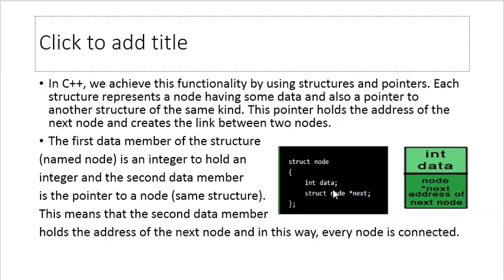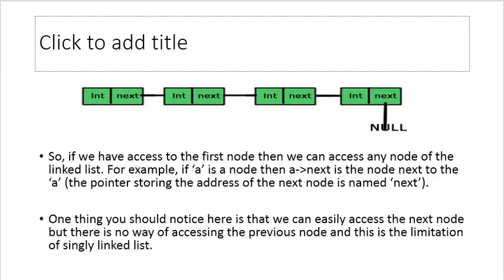In this way every node is connected. The first member of the structure is data, and the second member of the structure is a pointer which will point to the next node of the linked list. So here int is the data, and next is the pointer which is pointing to the next node, as the next node's address is saved in the previous pointer.